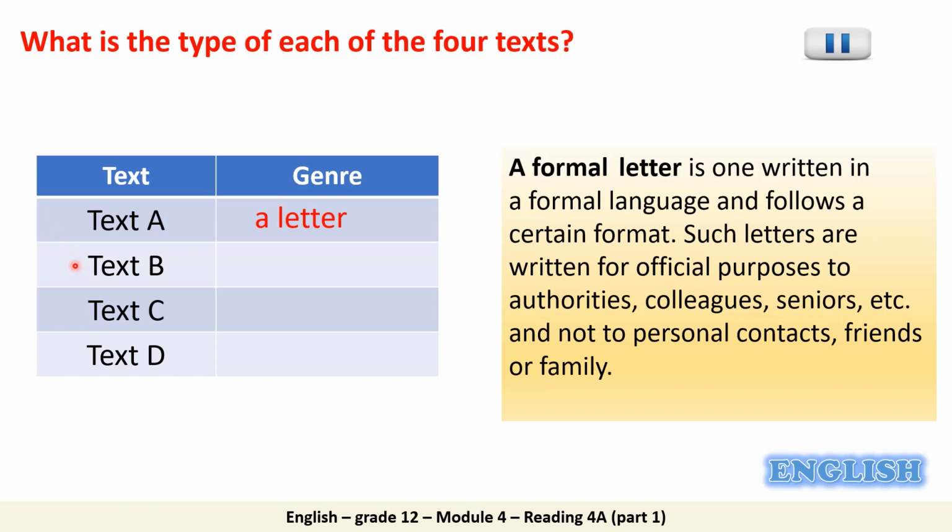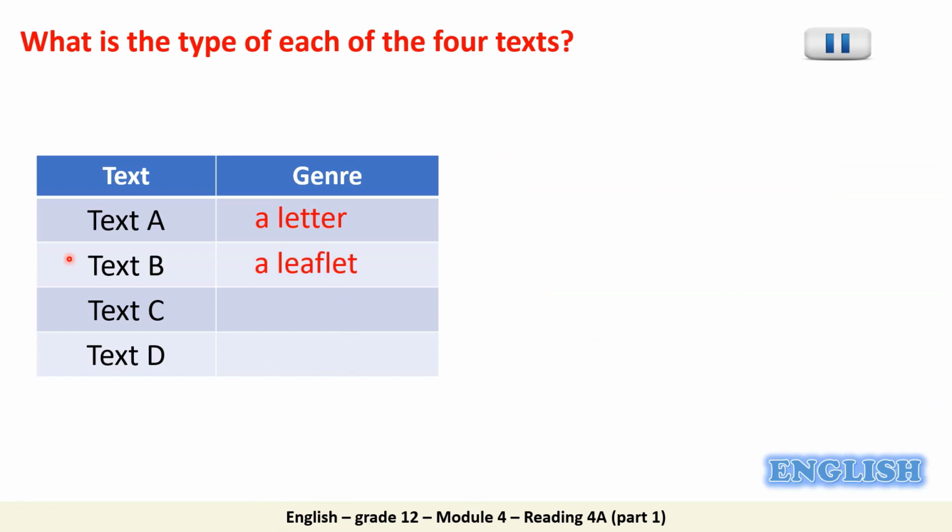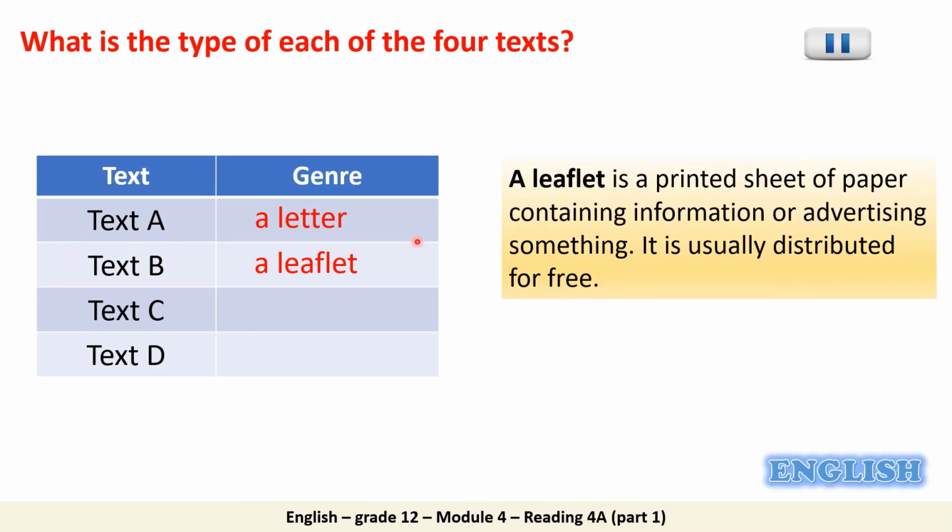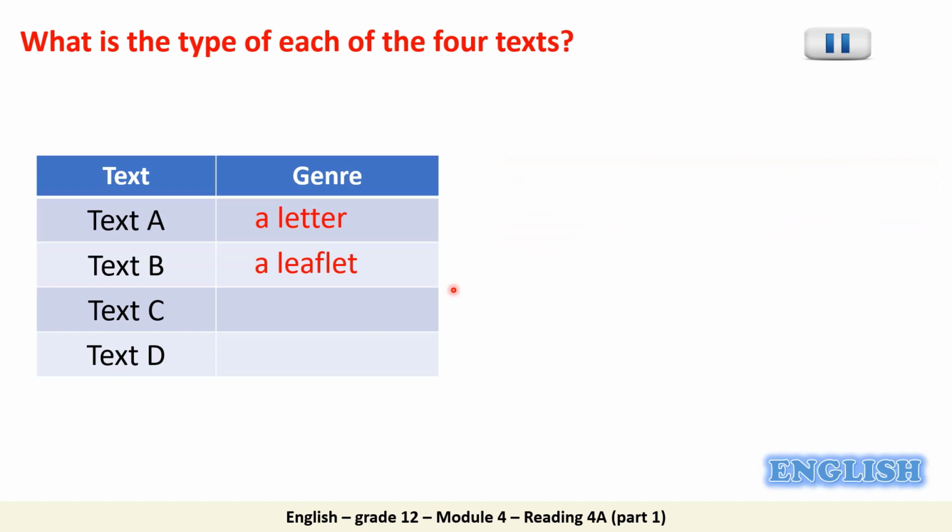What about text B? What type of text is it? Super. It is a leaflet, and a leaflet is a printed sheet of paper that has information about a product or a service. Leaflets are usually distributed for free. Moving on to text C. What type of text do you think text C is?